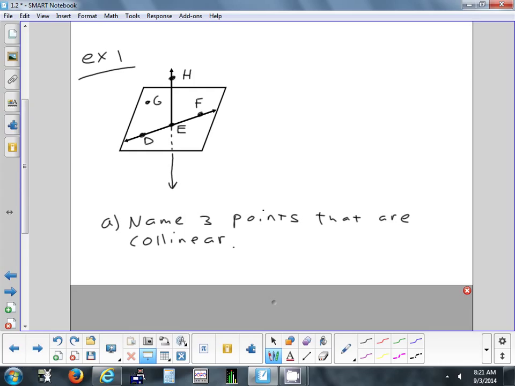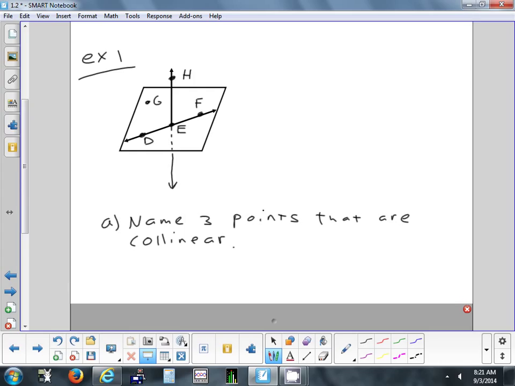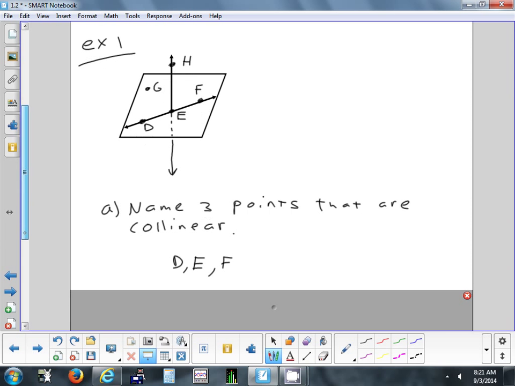D, E, and F. Yeah, D, E, F. Are there any other 3 points that are on the same line? Anybody think they see anything else? I see maybe 2 points that are collinear, like E and H, but I don't think there's 3. Okay, that's the only answer for part A.